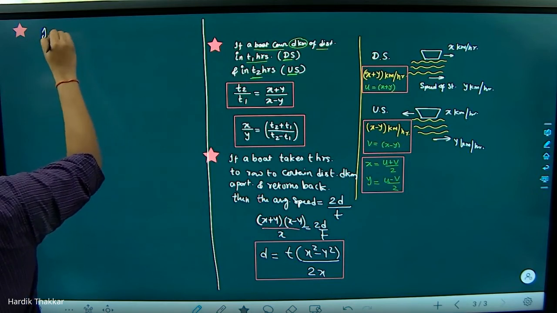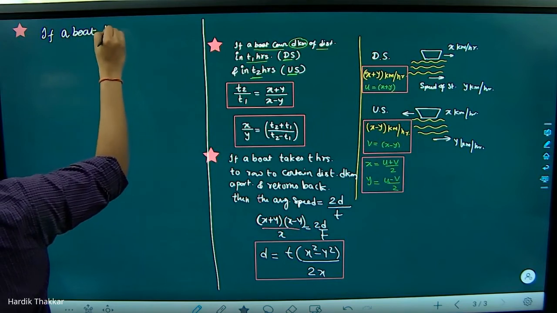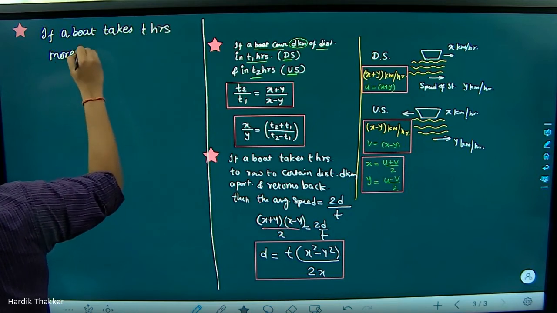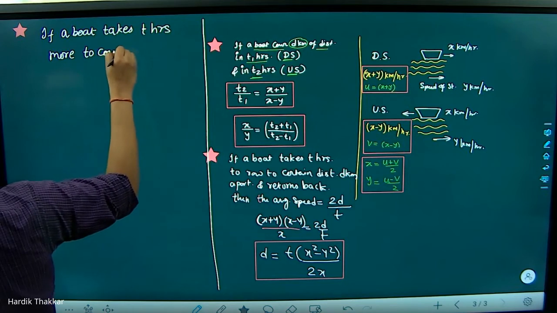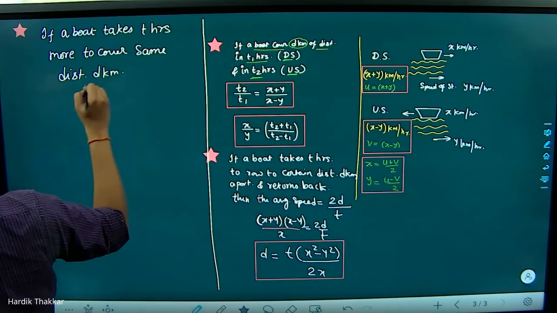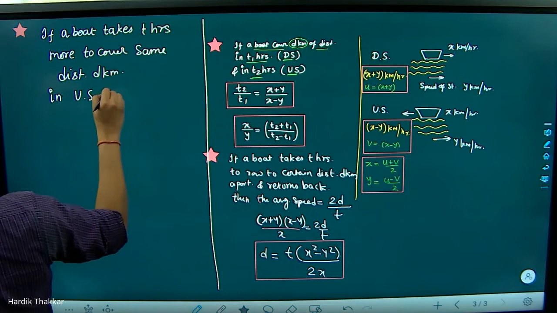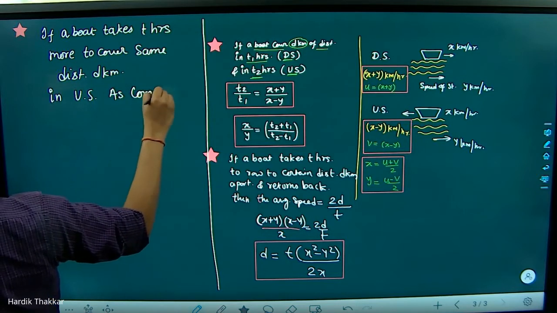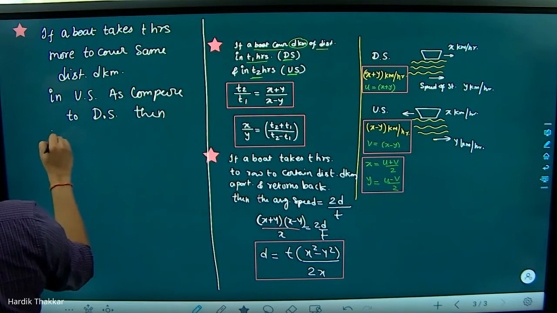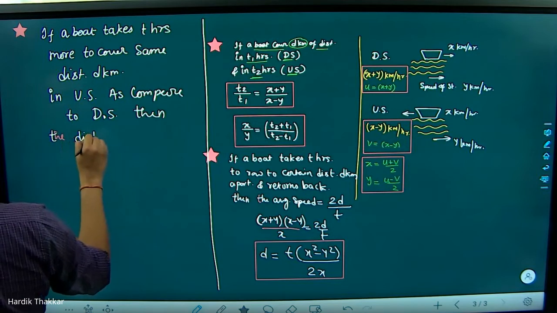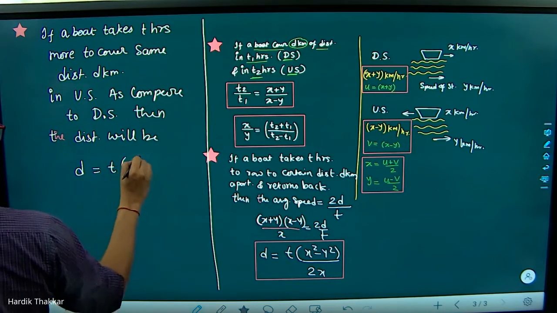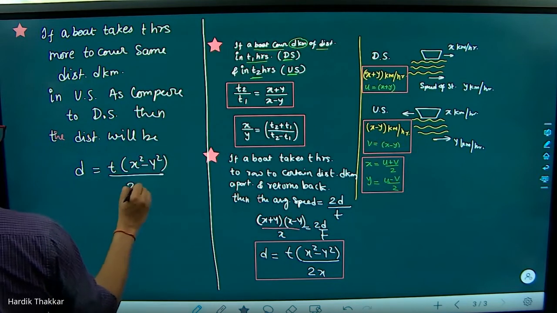If a boat takes t hours more to cover the same distance d kilometers in upstream as compared to downstream, then the distance will be d is equal to t times (x square minus y square) divided by 2y.